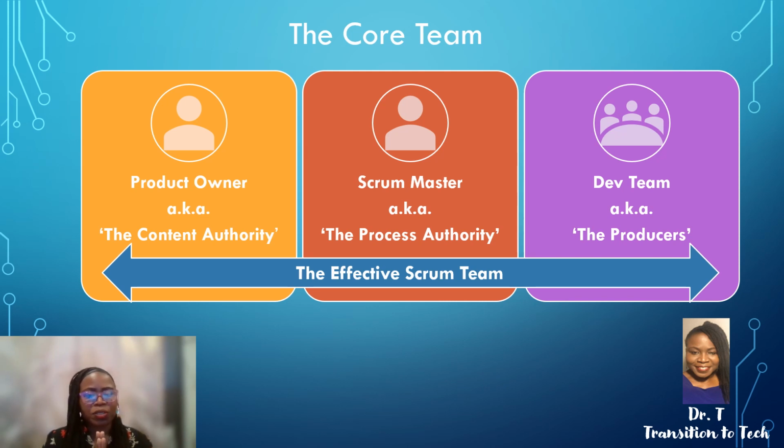The Scrum Master is the process authority. The dev team, they're the producers. They may not necessarily be coders per se in a software development environment, but they are the people who deliver the solution, whatever that solution may be. The Scrum is used outside of software development as well, but the team that produces that outcome is referred to as a dev team in all environments.